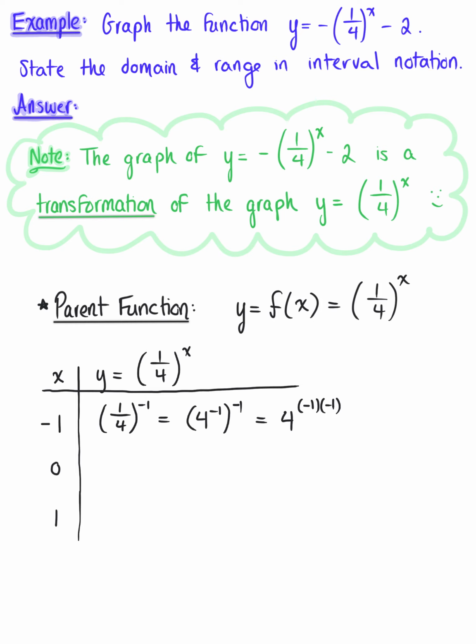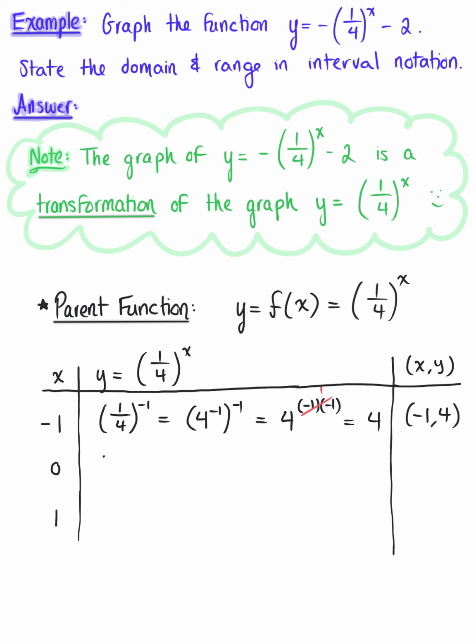So -1 times -1 gives us +1, and 4 to the first is just 4. So here is the first ordered pair on the graph of our parent function. Adding a third column for x and y, we have the ordered pair -1, 4.